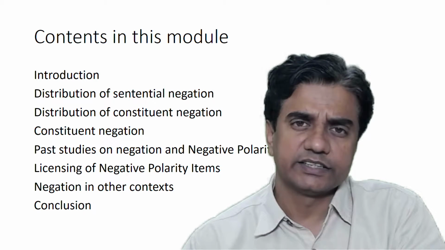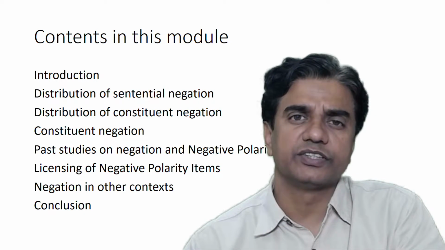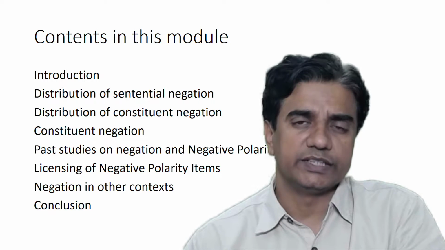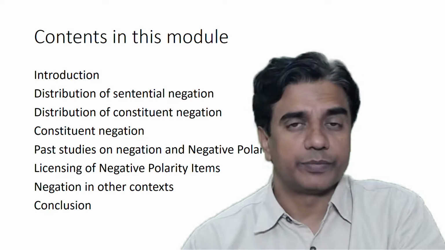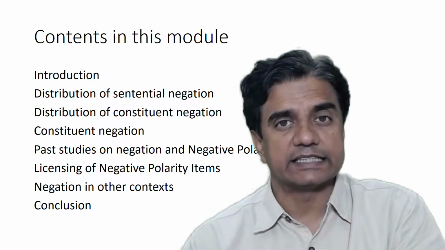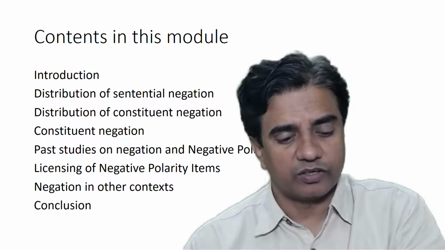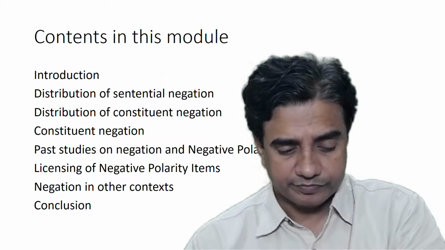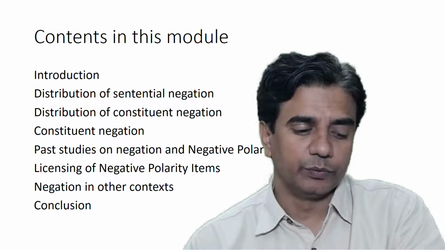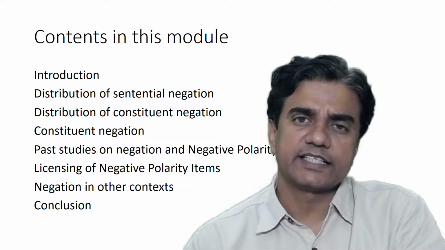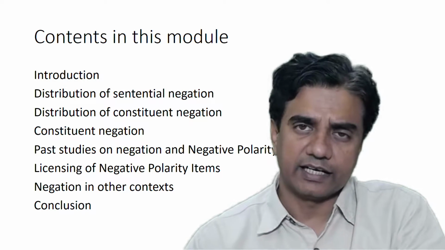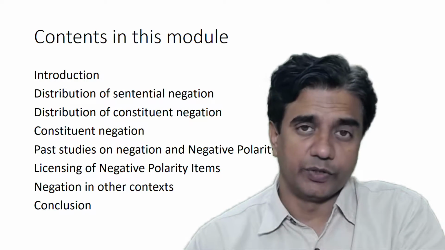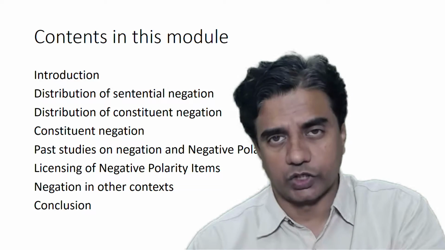Having looked at the distribution of negation, we will also talk very briefly about the position of negation in a sentence and also in clause structure. And finally, we'll talk about licensing of the negative polarity items and its occurrence in various domains before we conclude.